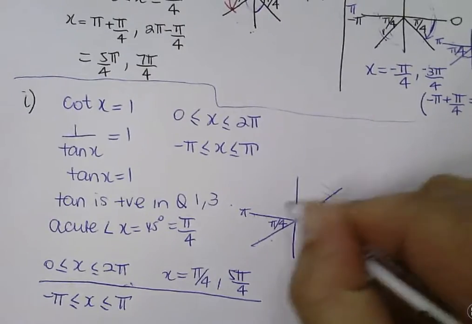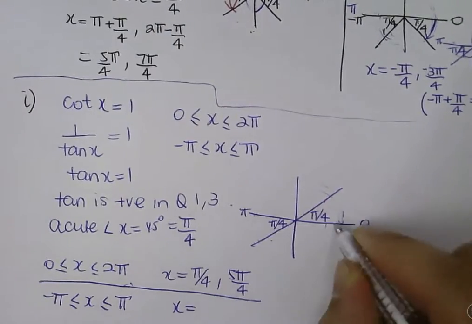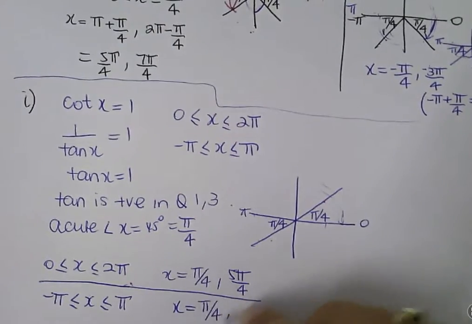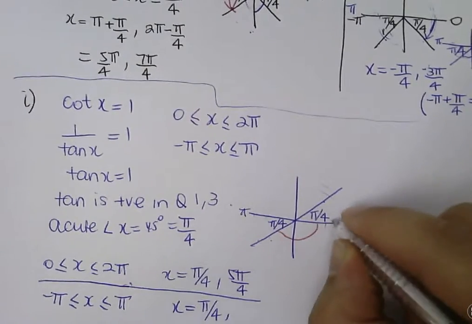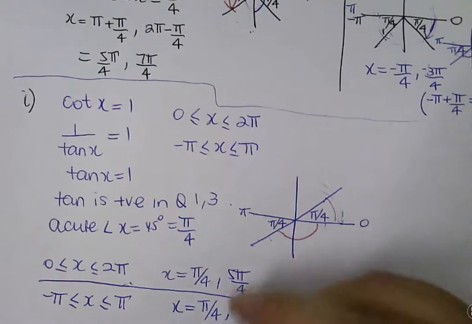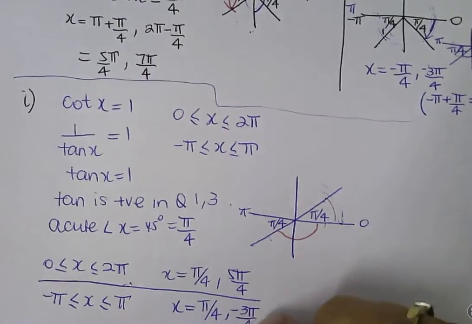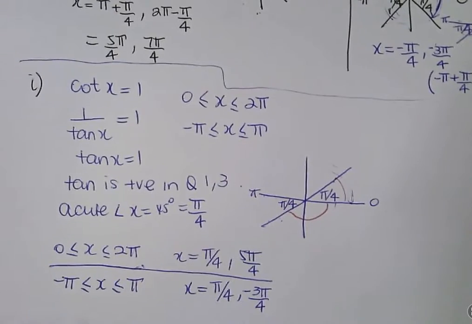Got it? So what are these two solutions? X is pi on 4 and stop and go back. Yeah, that's your other solution. Okay, first one, second one. Negative 3/4 pi. Are we okay?